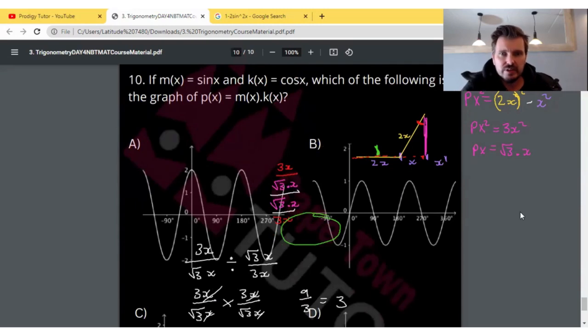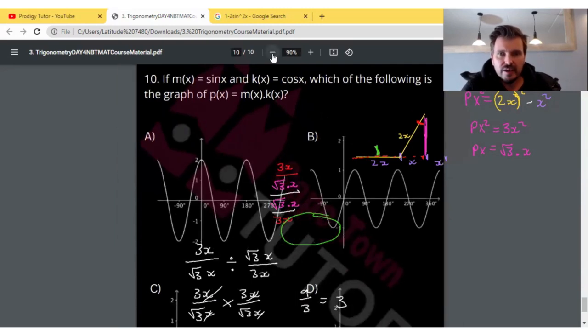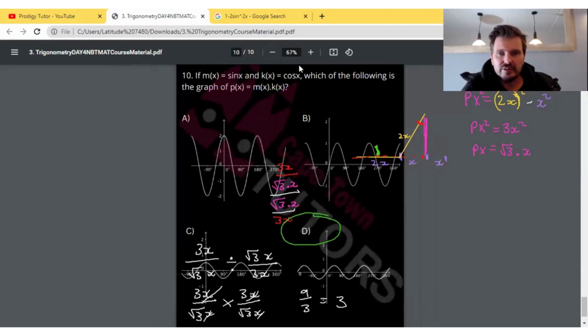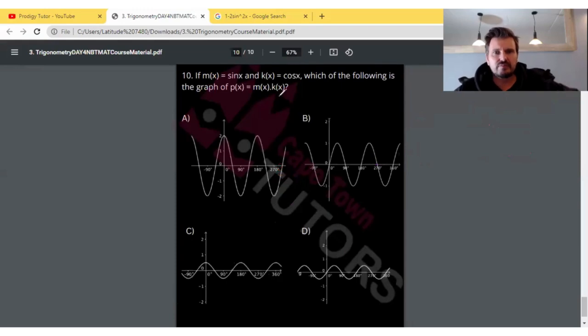Okay, I'm going to make this a bit smaller. So we get question 10. All right. So we've got mx equals sine x and kx equals cos x. Okay, so let's use a highlighter here.